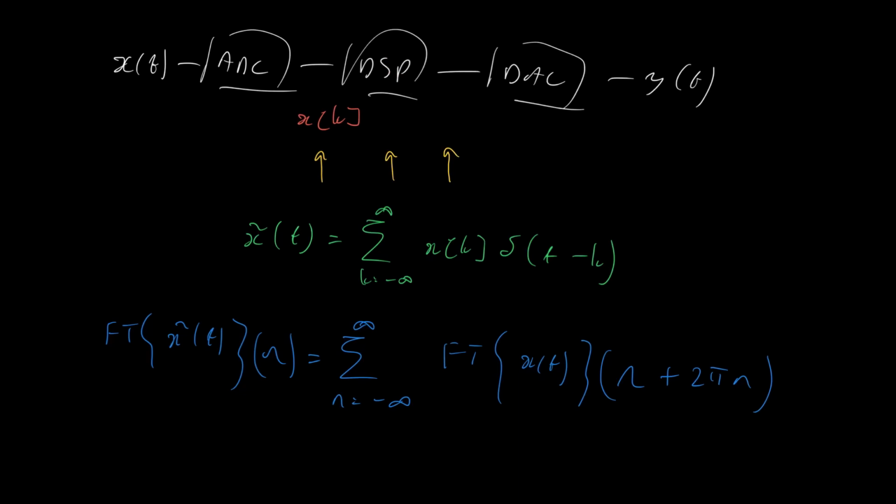That's the intuition. Rather than stay using the Fourier transform, which would mean that x of k here needs to be represented more like x tilde of t as a train of Dirac impulses, we instead want to use x of k, and so we develop the discrete time Fourier transform, which is just the Fourier transform, but done in such a way that we get rid of these Dirac delta functions so we can work with x of k directly and not with x tilde of t in here.